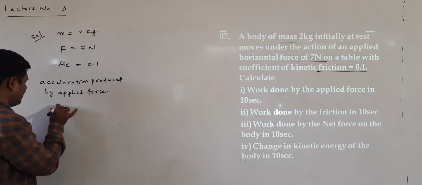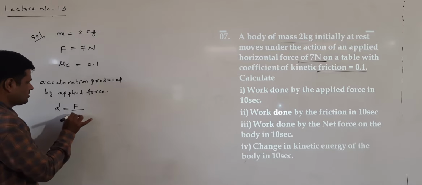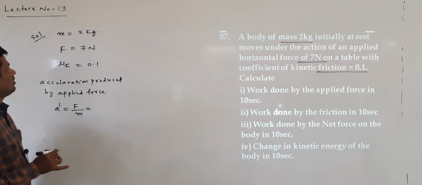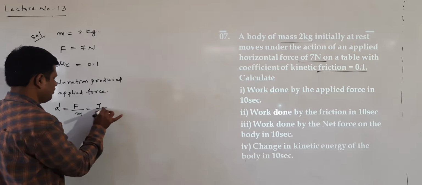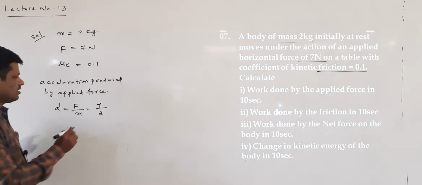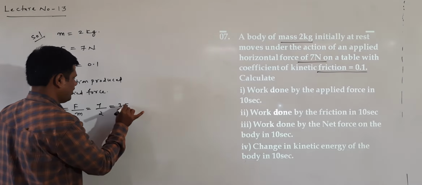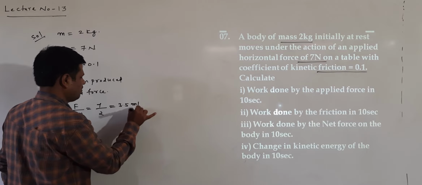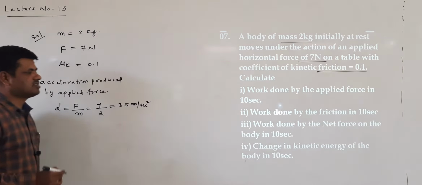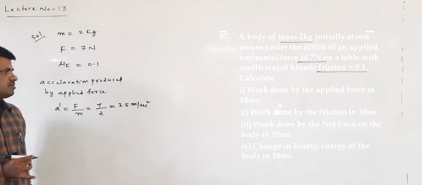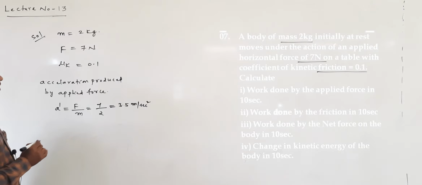I take it as a dash. a dash is equal to F by m. Force is 7 by 2, and 7 by 2 is equal to 3.5 meter per second square. This is the acceleration produced by the applied force.